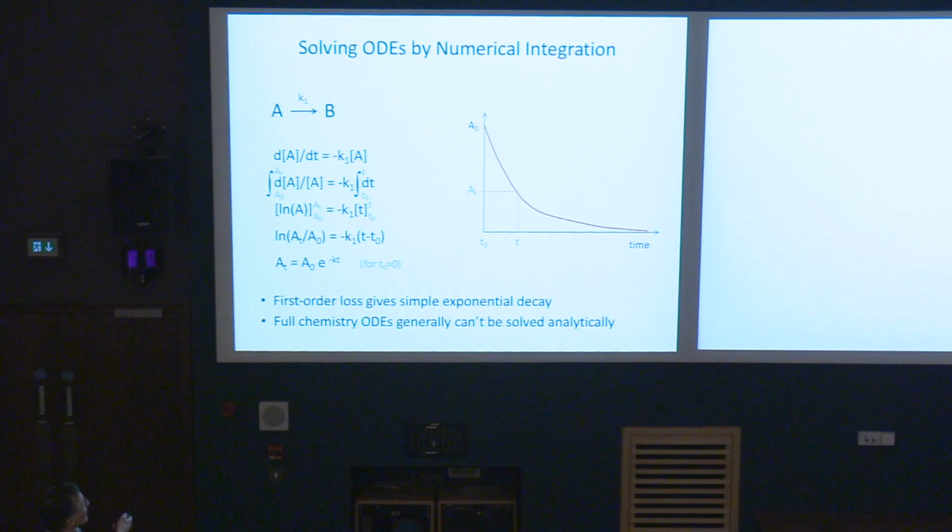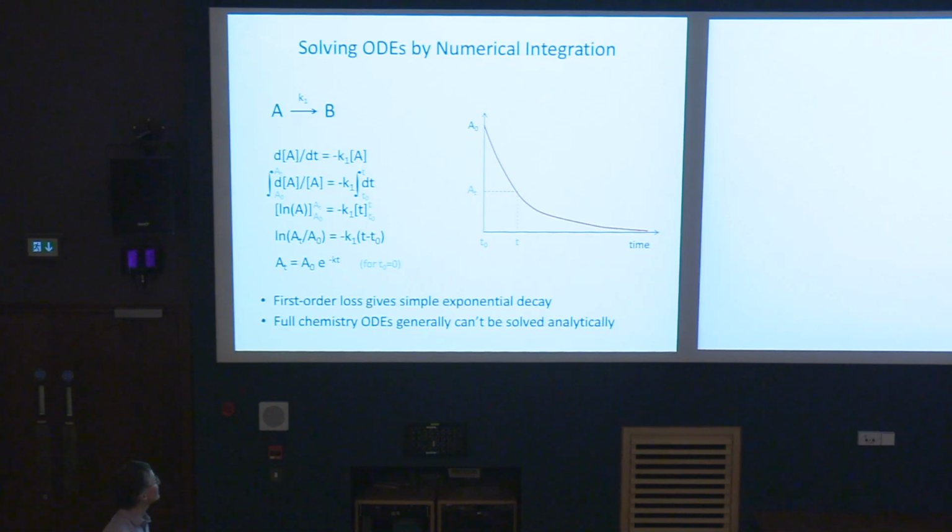If you follow through with the maths here, you end up with the concentration of this reactant at time t equal to the initial concentration times an exponential term. This exponential depends on its rate constant. So what you get is an exponential decay of the species, with the rate of decay depending on the rate constant itself.